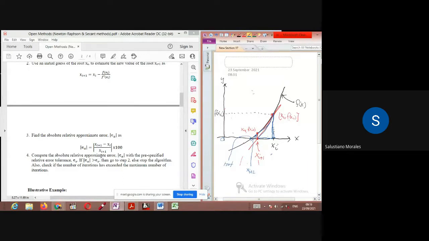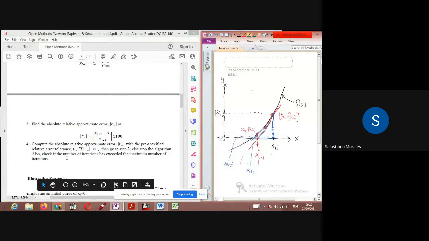So yung xi plus 1 is usually the present value or the present approximation. Yung xi is the previous value or previous approximation. So the same pa rin sa formula natin sa relative approximate error.